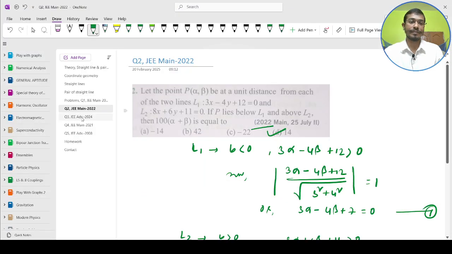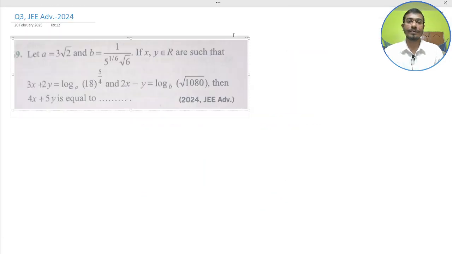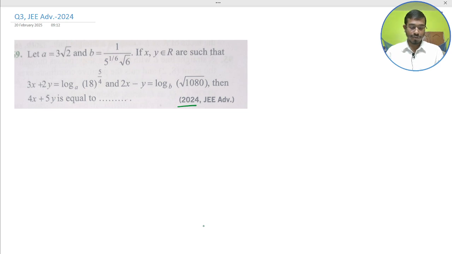Next problem. Problem number 3. JEE Advanced 2024. First two are the MCQ. This is the NAT, numerical answer type. Let A is 3 root 2 and B is 1 by 5 to the power 1 by 6 root 6.